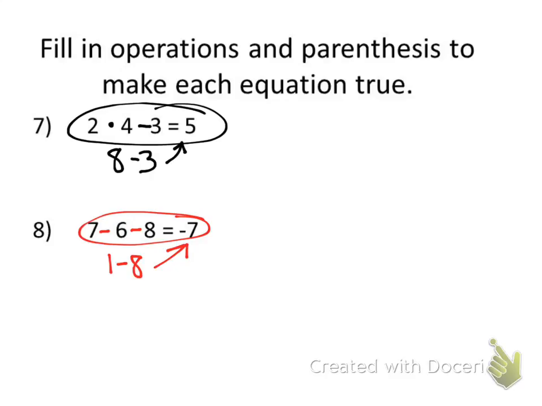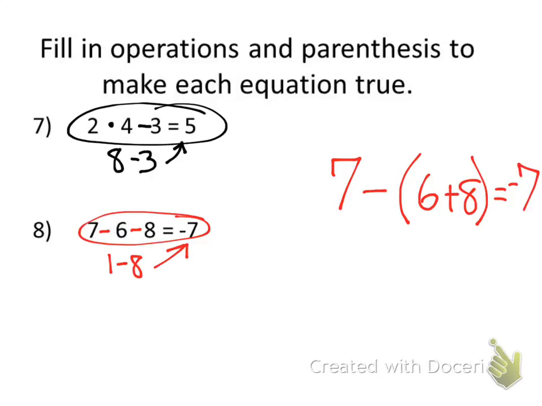Yes, do you have another one? Yeah, I got it. I put 6 and 8 in parentheses, put a plus sign in between them. Okay, so 7 minus parentheses 6 plus 8. On this one you'd have to do the parentheses first. What is 6 plus 8? And what is 7 minus 14? It's negative 7. So does this work?